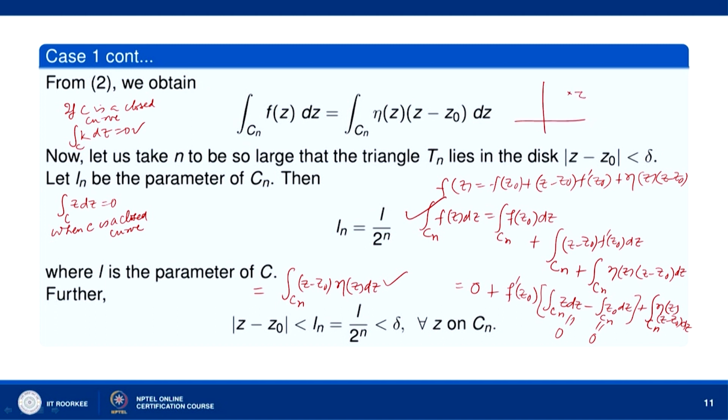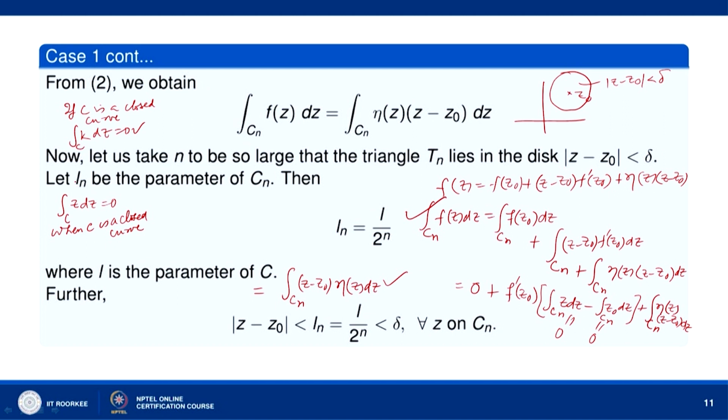Let us say this is your z0, construct this circular disk, the interior of which is mod of z minus z0 less than delta. Take n to be so large that the triangle Tn lies in it, because z0 lies in every triangle Tn. So when n is very large, Tn will lie inside this disk.